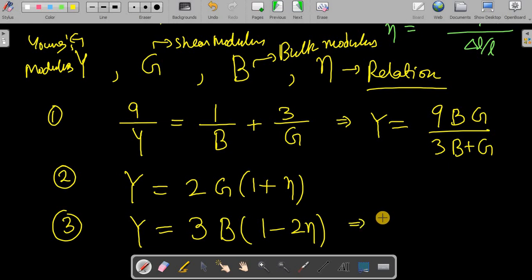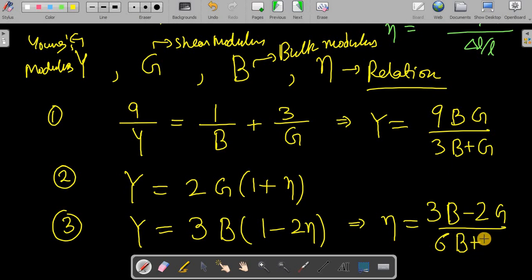Poisson's ratio can also be written as 3 times bulk modulus minus 2 times shear modulus, divided by 6 times bulk modulus plus 2 times shear modulus.